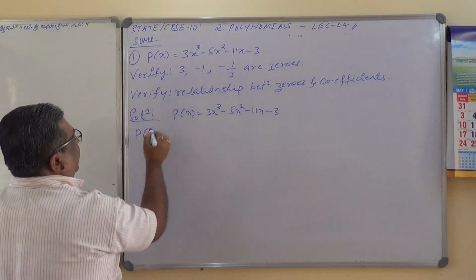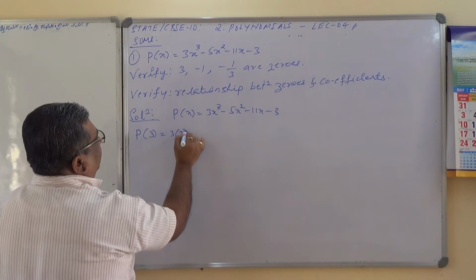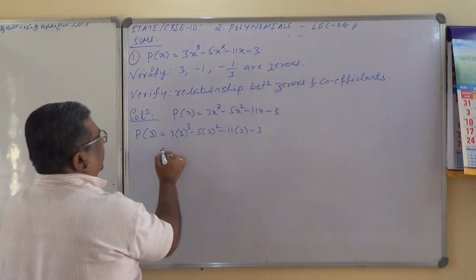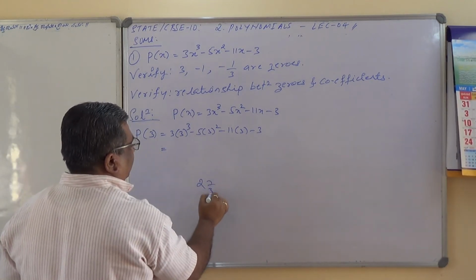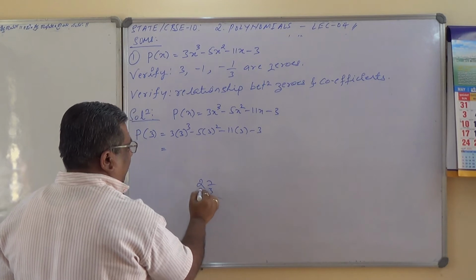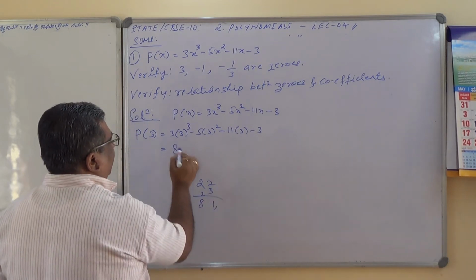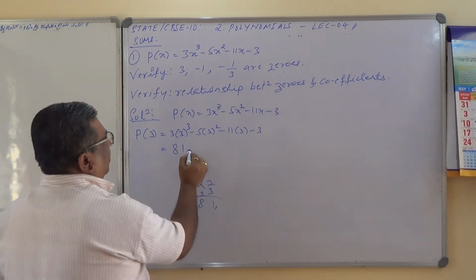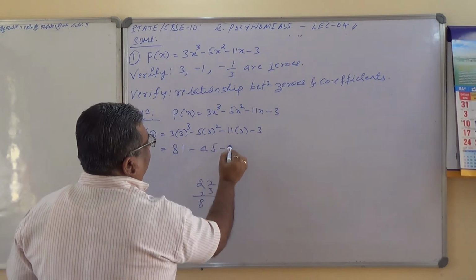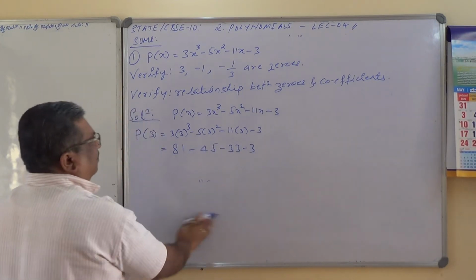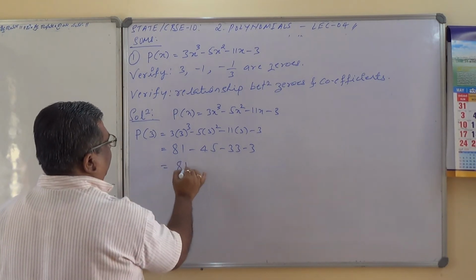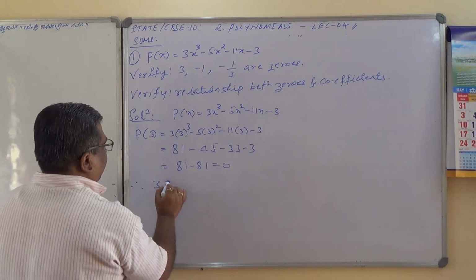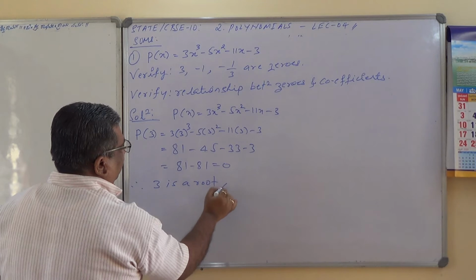Now p of 3 I will work out. 3 into 3 cube minus 5 into 3 square minus 11 into 3 minus 3, which equals 81 minus 45 minus 33 minus 3. Check here. So this is 81 minus 81, which is 0. Therefore 3 is a root or a zero.